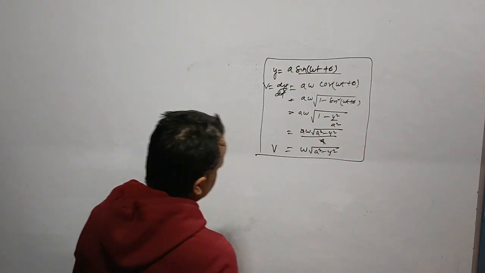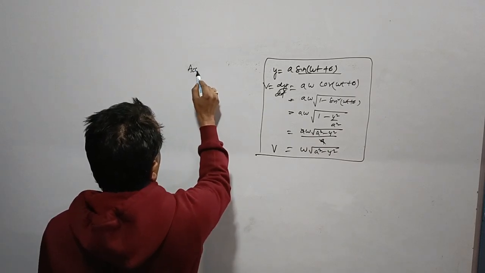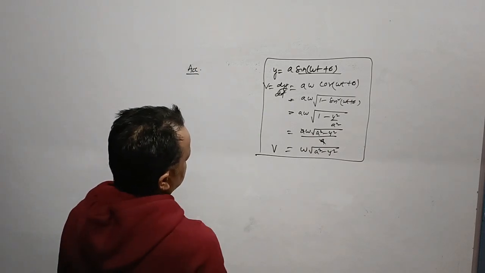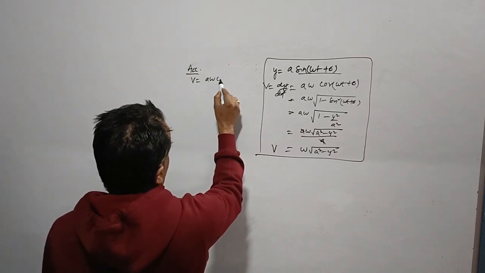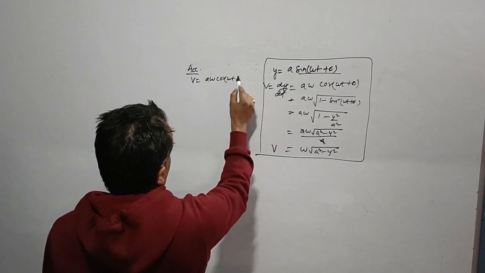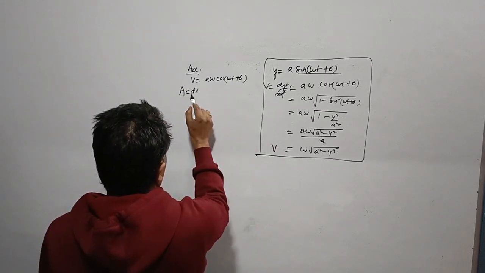And for the acceleration part, we know that acceleration is the derivative of the velocity. We have velocity as a omega cos omega t plus phi. Then acceleration is delta v by delta t.